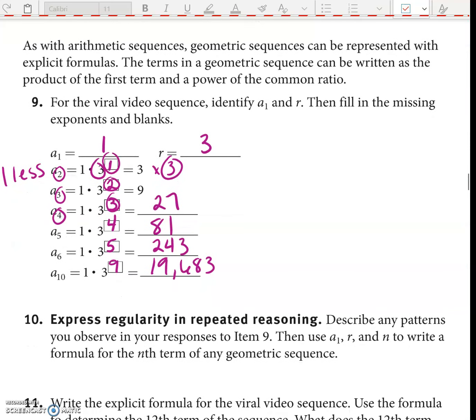So, looking at number 11, the explicit formula for the viral video sequence is a sub n equals, we know we're starting with our first term, and we're multiplying by 3, and then our exponent is always 1 less than our term number, so since it's 1 less, we denote that as n minus 1.